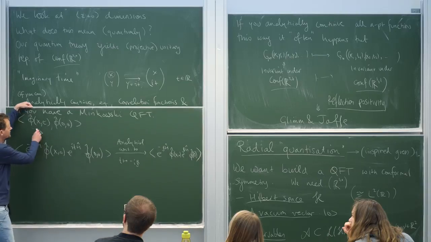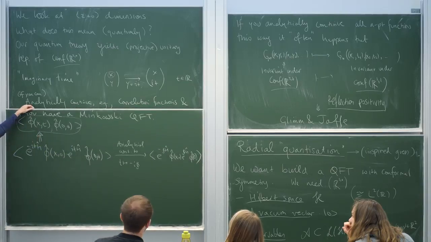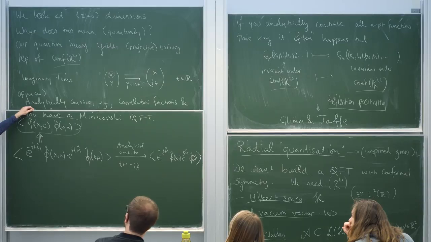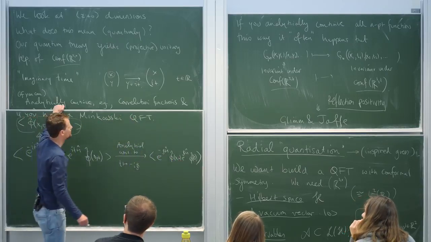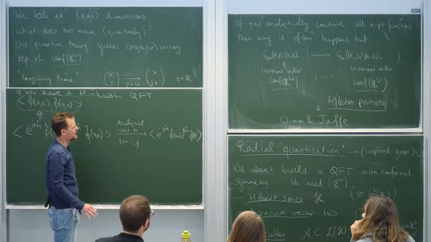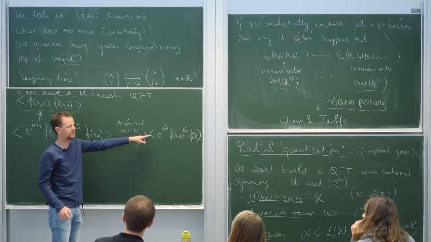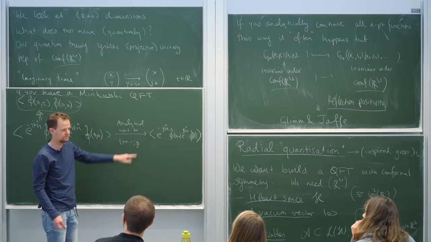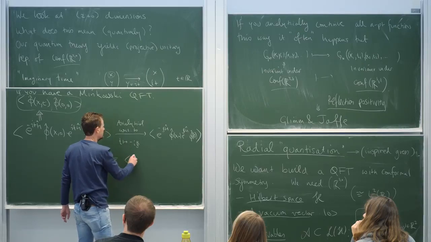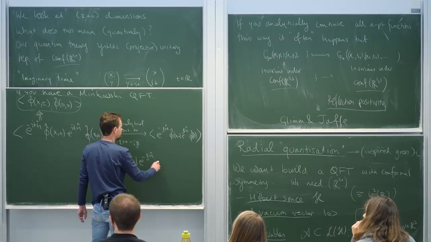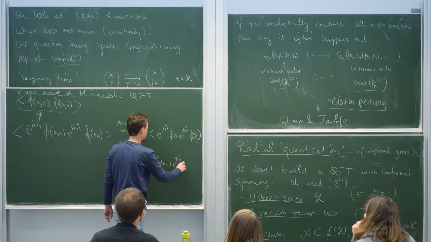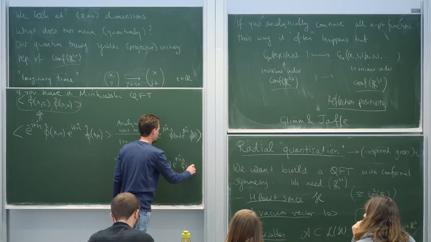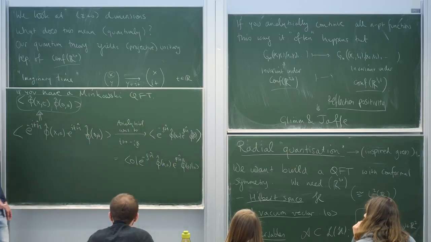When you take, for example, such a two-point correlation function from a Minkowski quantum field theory and substitute t is minus i beta, then what happens is this, and that is essentially the correlation function for a thermal state of the Hamiltonian H. So this is the ground state, e to the minus beta H. Essentially, but not quite, right?